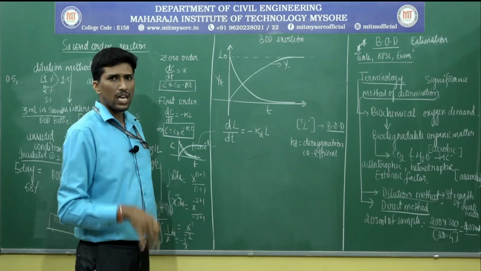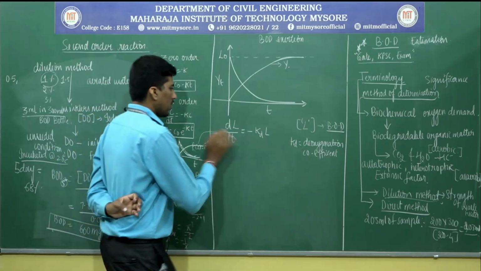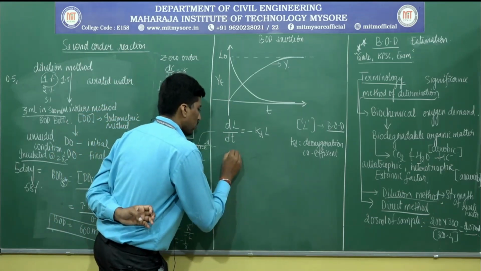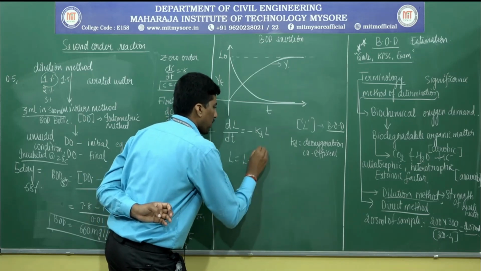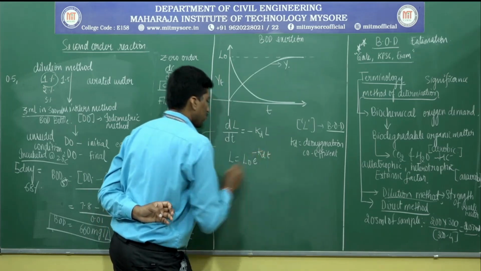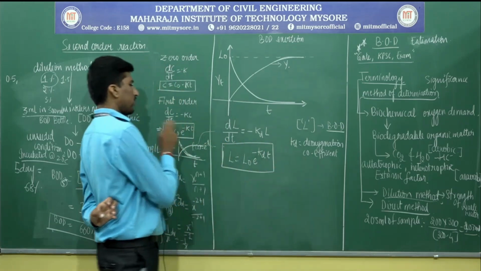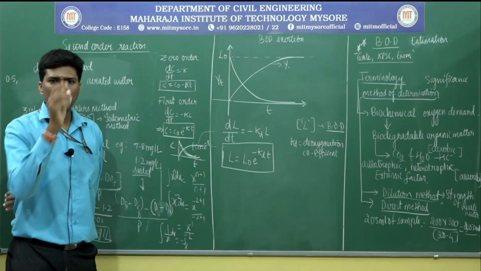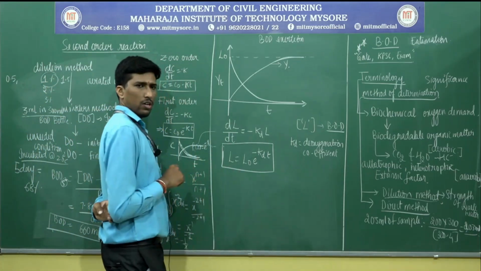When time t is equal to t, L is equal to Lt or L. Similarly, we have the solution, that is L is equal to L naught into e to the power of minus kd into t. If you want the derivation, go back to this, substitute it, you can get it. There is an assignment for you people. Do it, you will get to know it.